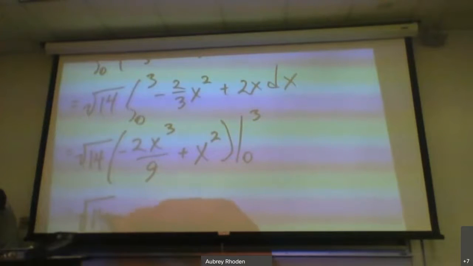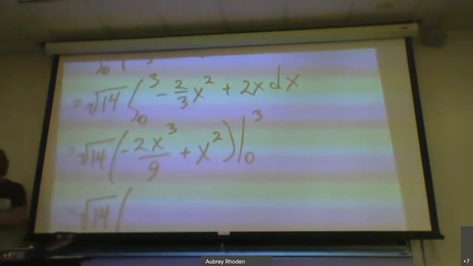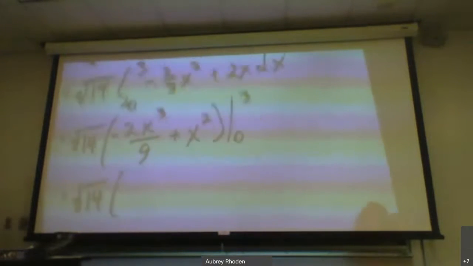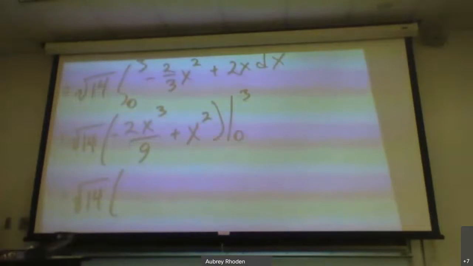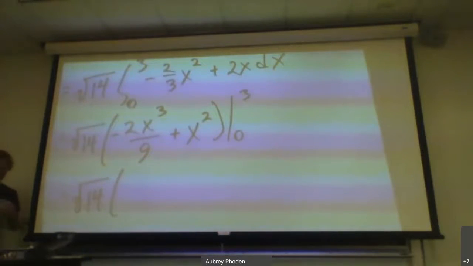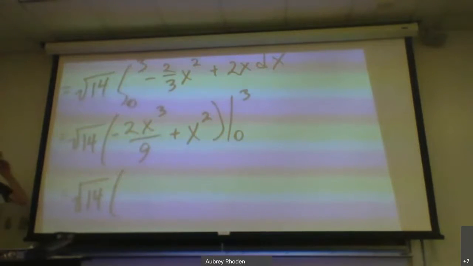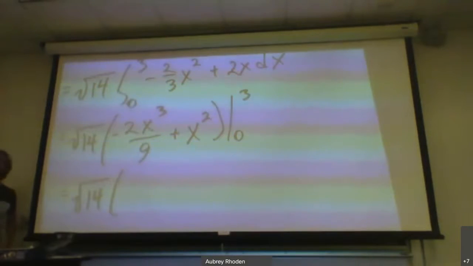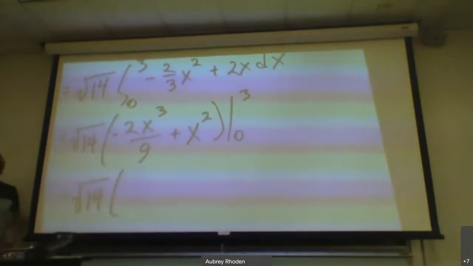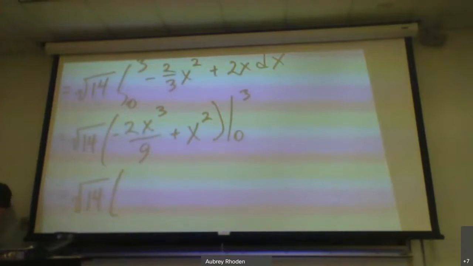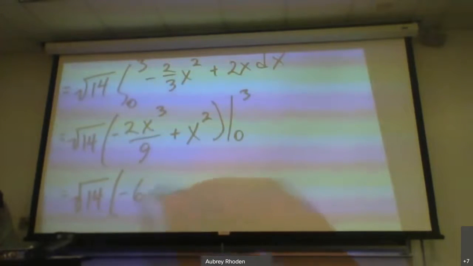So that's going to be the square root of 14. Okay, so if I consider negative 2x cubed divided by 9. All right, so what's x cubed? x cubed is 27. So 27 divided by 9 is just 3. So that would be negative 6.